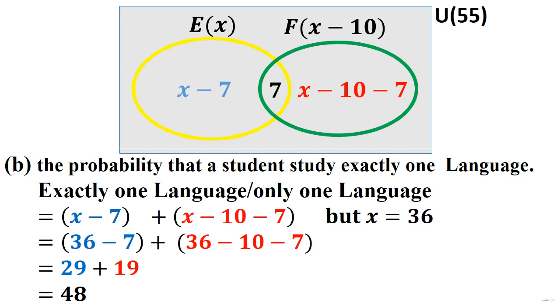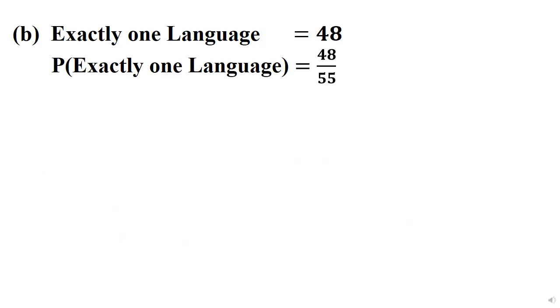Now we are going to use this to find the probability that a student studies exactly one language, which will be those who study exactly one language on the universal set, which is U, and it is 55. Exactly one language we now have as 48.